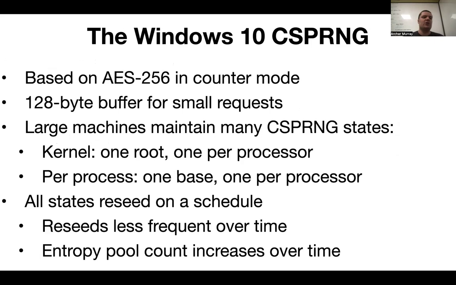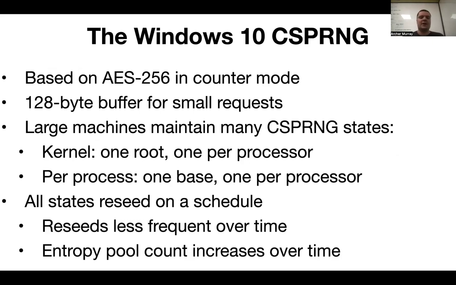Now, much more recently, a white paper was published on how the Windows 10 CSPRNG works, and it's very similar to Fortuna. It generates bits using AES-256 in counter mode. However, unlike Fortuna, the Windows CSPRNG has a buffer that's 128 bytes long, and when only a few bits are requested, it can just draw from the buffer and only refill it when it's needed.